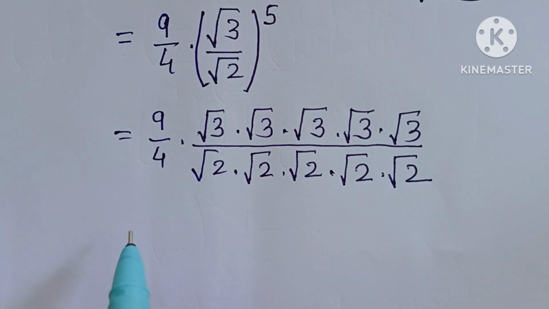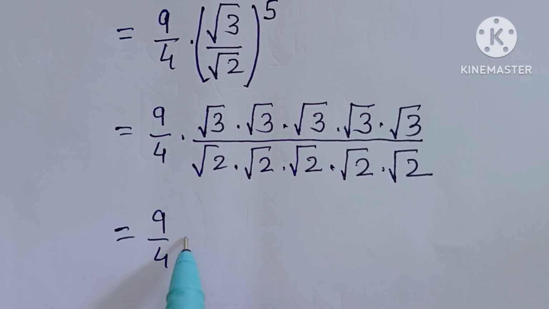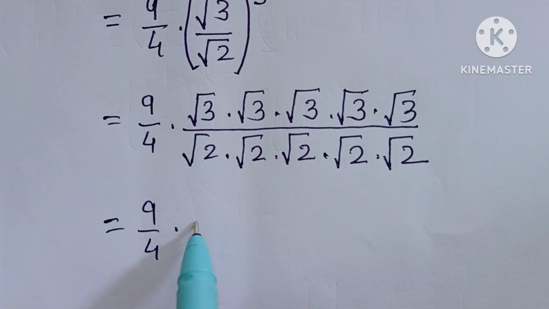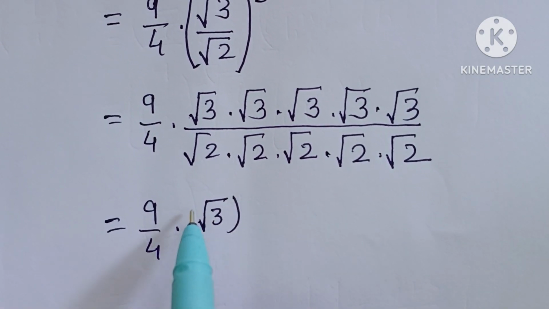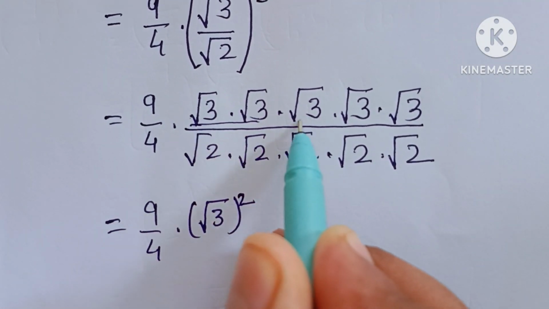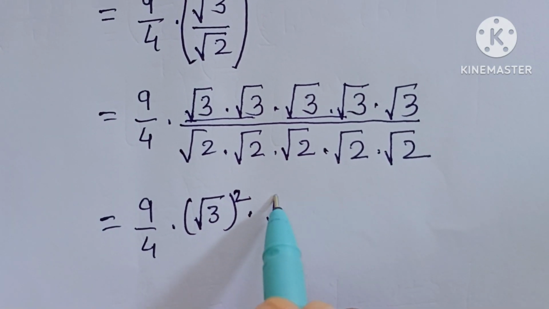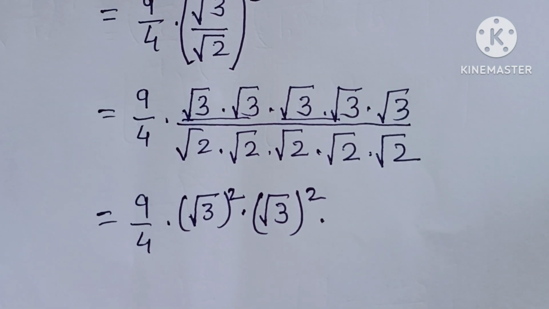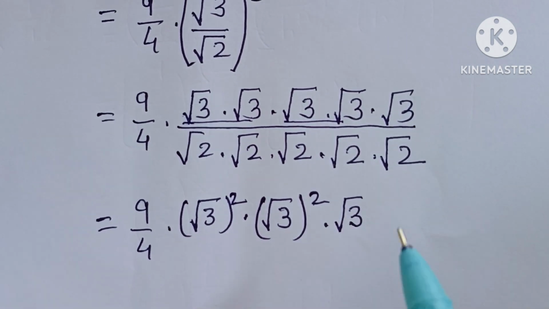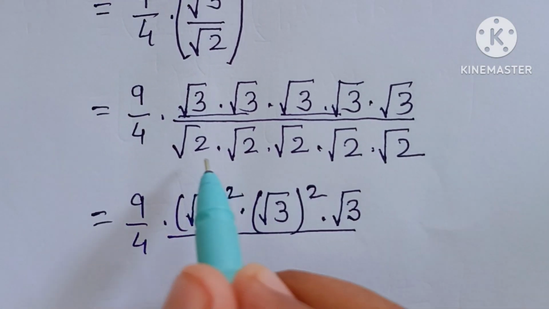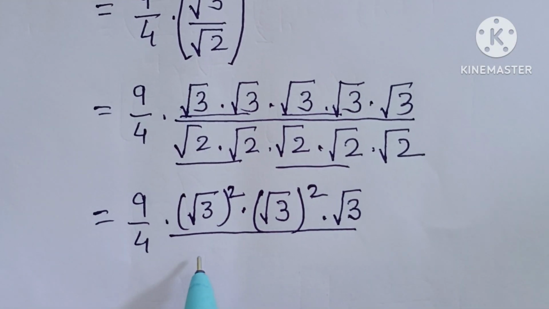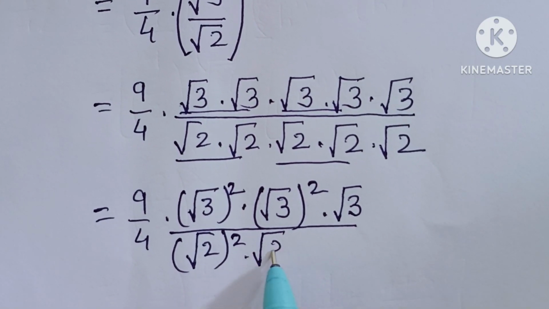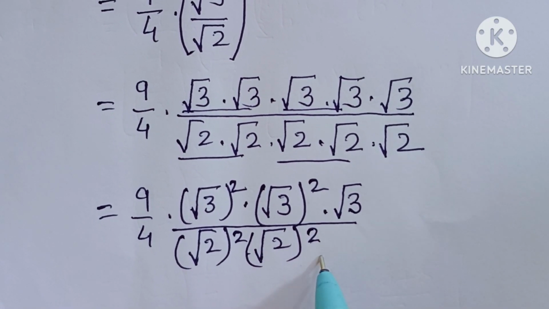Now 9/4 into (root 3) whole square, these two, then these two, into (root 3) whole square into root 3, divided by (root 2) whole square into (root 2) whole square into root 2.